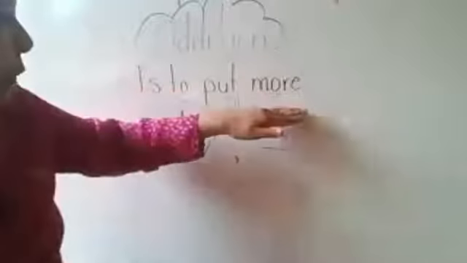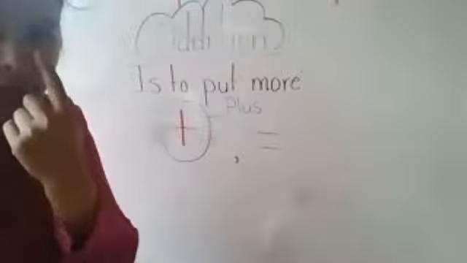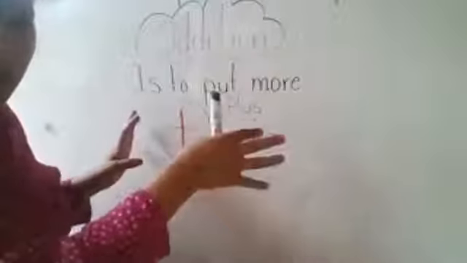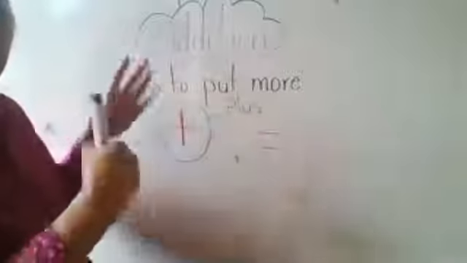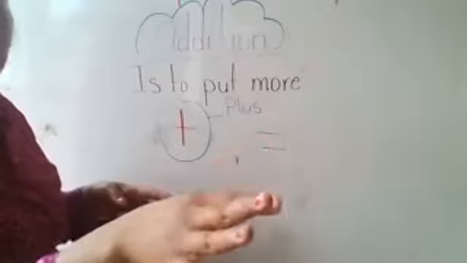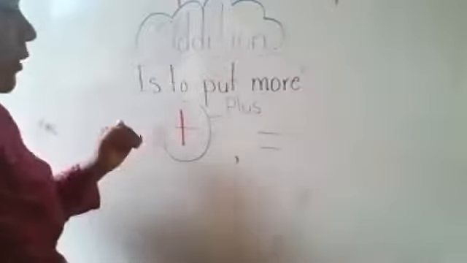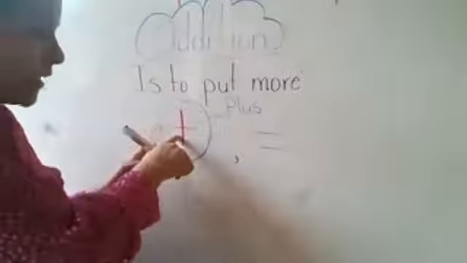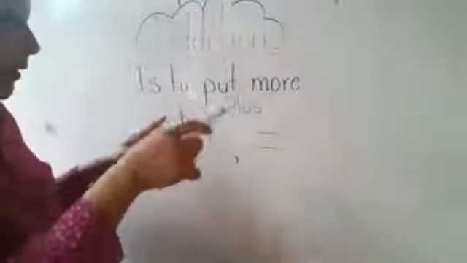Addition is to put more, and you have to take a look. Right now we are going to work only with addition, but in some other weeks, we are going to work with another topic, and you will find that this sign isn't in that topic. It will be different.